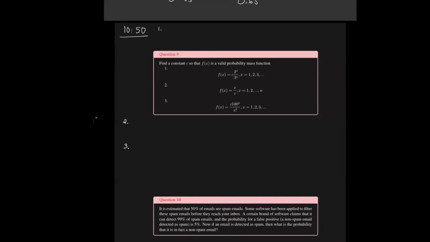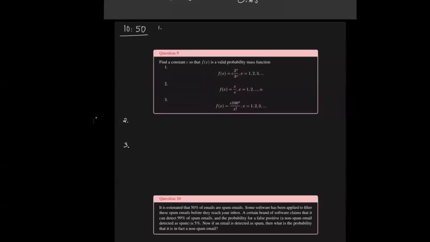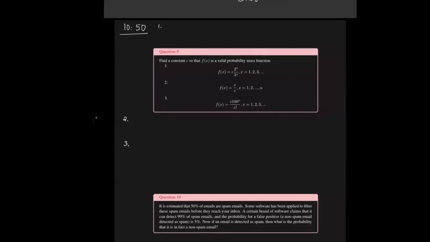Okay, so for the question that asks you to find a constant so that something is a probability mass function, you just need to make sure to find a constant c such that the summation of the function over every value of x is equal to 1. The student got 1/2 for part 1. I think it should be correct. Let's see.